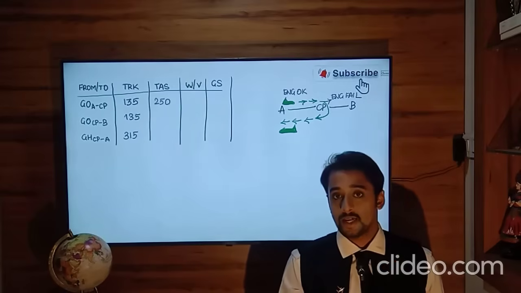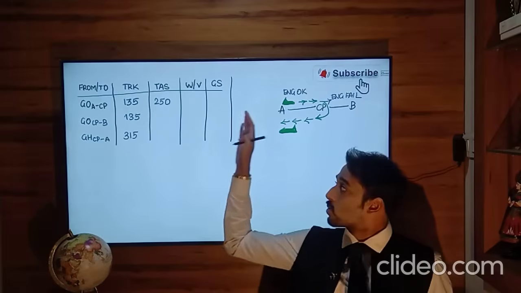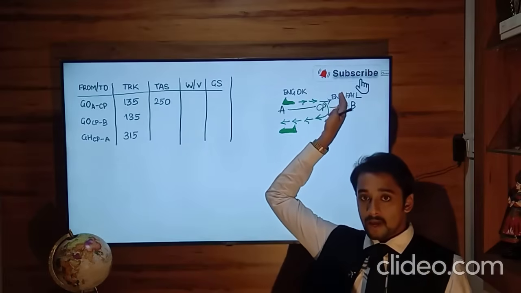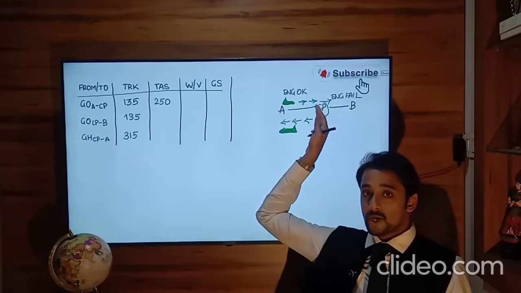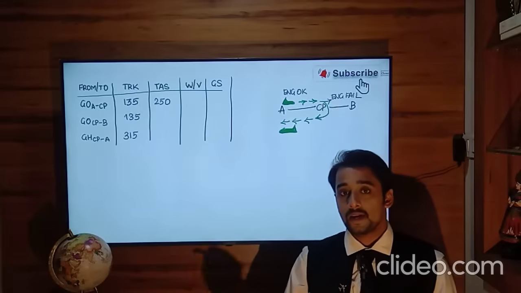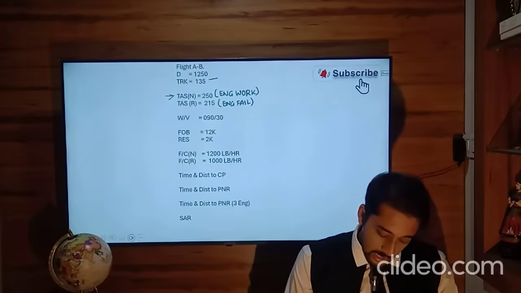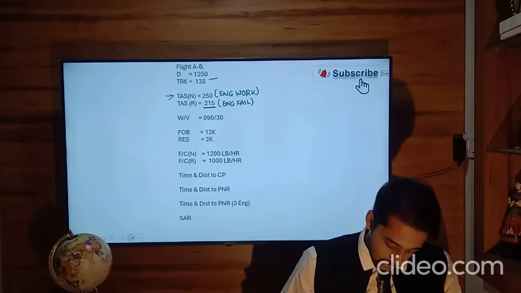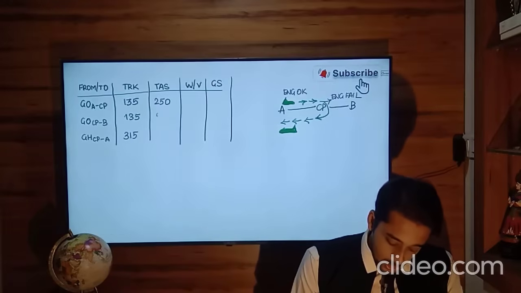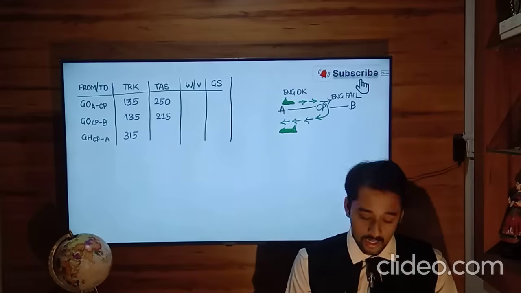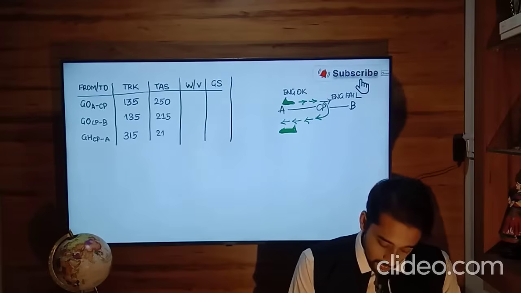At CP, the engine has failed. So anything starting from critical point, going from critical point to point B, or coming back from critical point to point A, you will be flying at a reduced TAS due to engine failure. So reduced TAS is 215. Going from critical point to point B is 215. Critical point to point A is again 215.